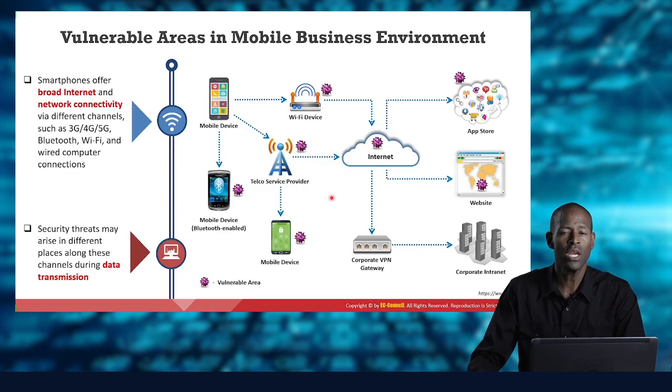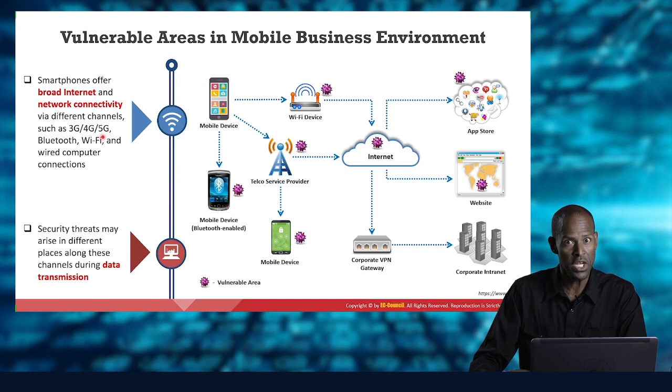All right, so if you look at a mobile device, this is a mobile phone, a couple of them, and they are able to communicate through 3G, 4G, 5G, 6G, depending on what era you're watching this, and Bluetooth and Wi-Fi, and wired computer connections, but they do so much more than that.